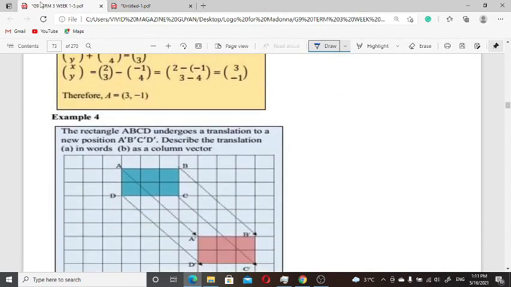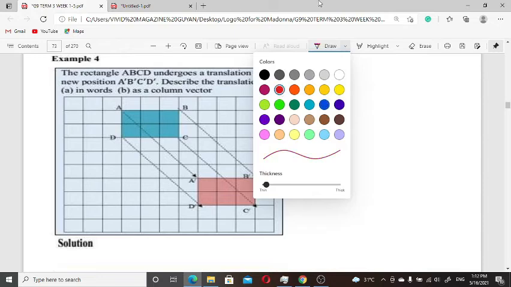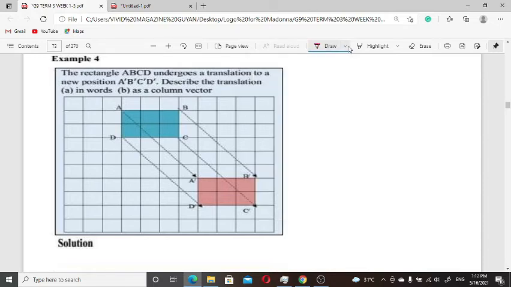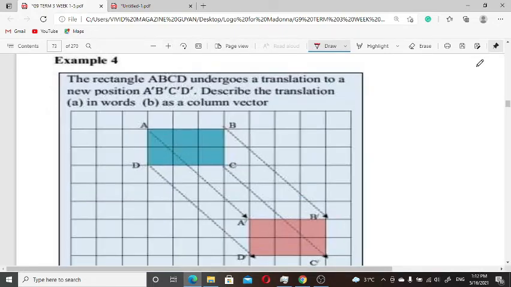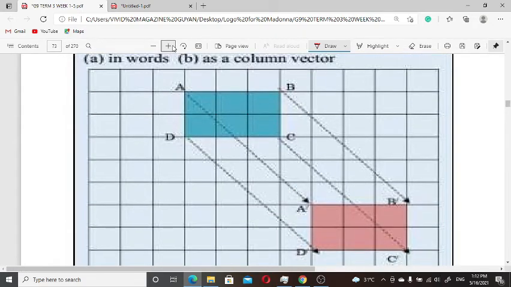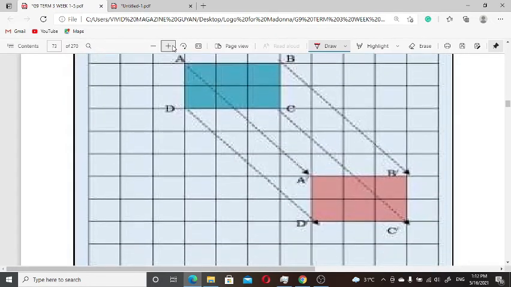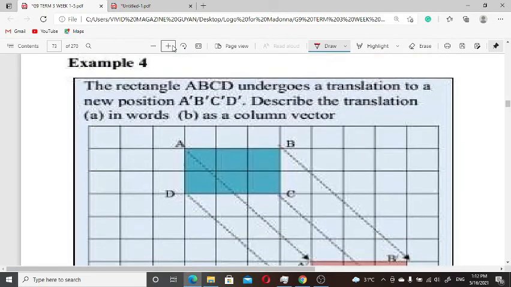Good. Now, for this one I'll need to switch between some colors to explain this particular concept. In some questions, you'll be given a drawing like this. I'm going to zoom in a little more to place more emphasis on what we'll be doing. We are trying to understand what the vector is. To solve this, you only need 1 point. Let me confirm, ABC and ABC.